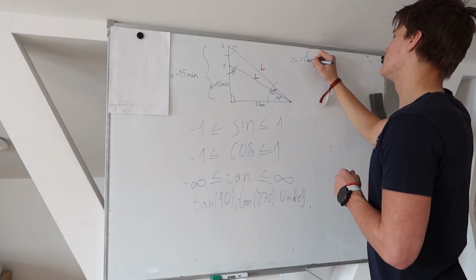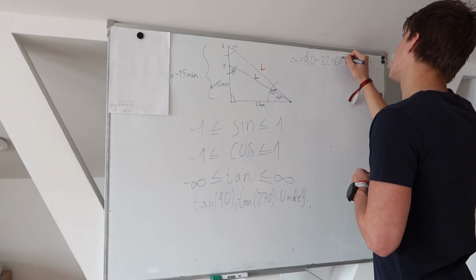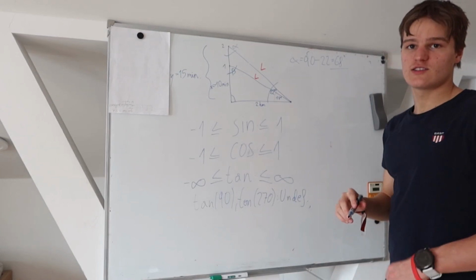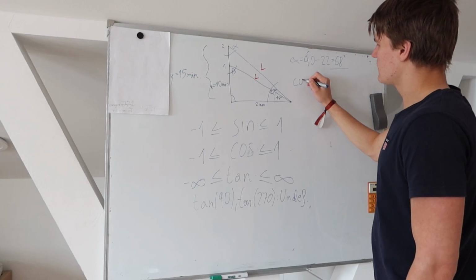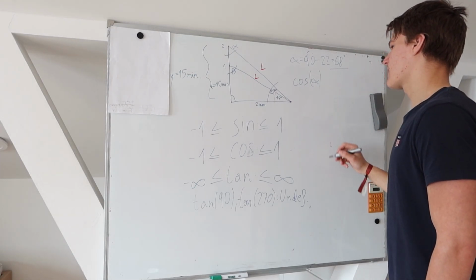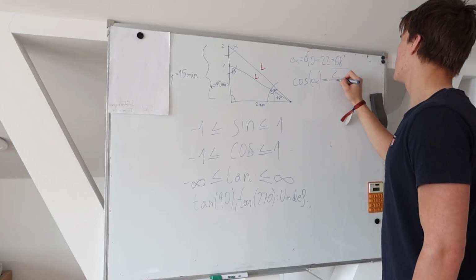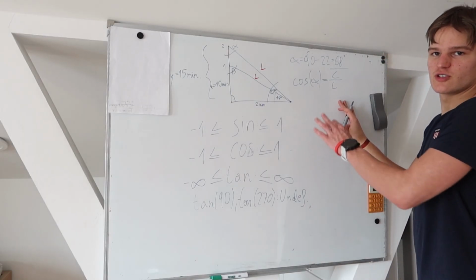Alpha is equal to 90 minus 22, which is the same as 68 degrees. Then let's use the cosine for this example. Cosine of an angle is the closest side, C, divided by L, the general definition.